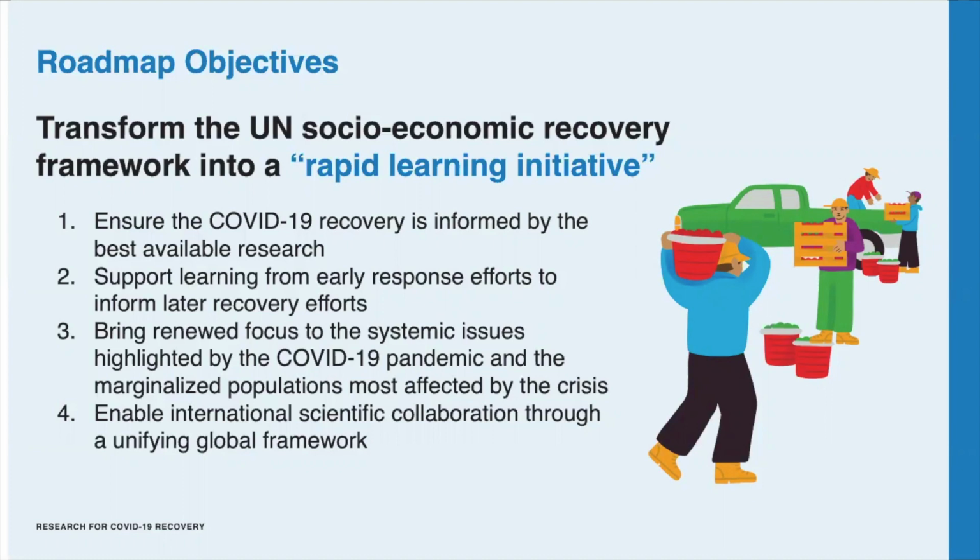Second, supporting learning from early response efforts to inform later response efforts. Third, bringing renewed focus to those systemic issues highlighted by the COVID-19 pandemic, and increasing focus on marginalized populations who have been most affected by this crisis. Fourth, enabling international scientific collaboration through a unifying global framework.